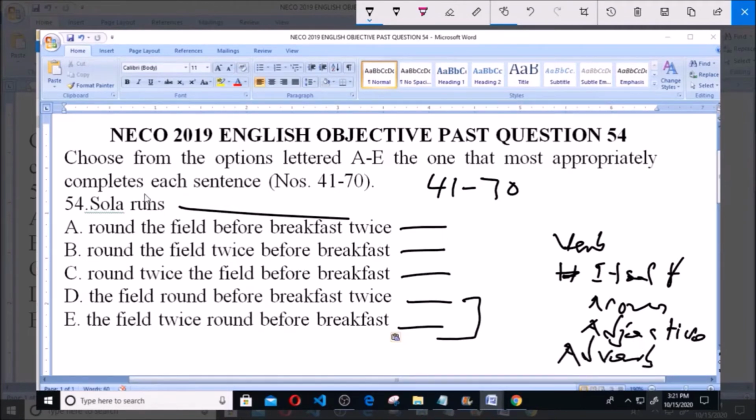In this context, the verb here modifies run, the adjective. Then the field, the number, that is the standard order: twice the field before breakfast. So option C is correct.